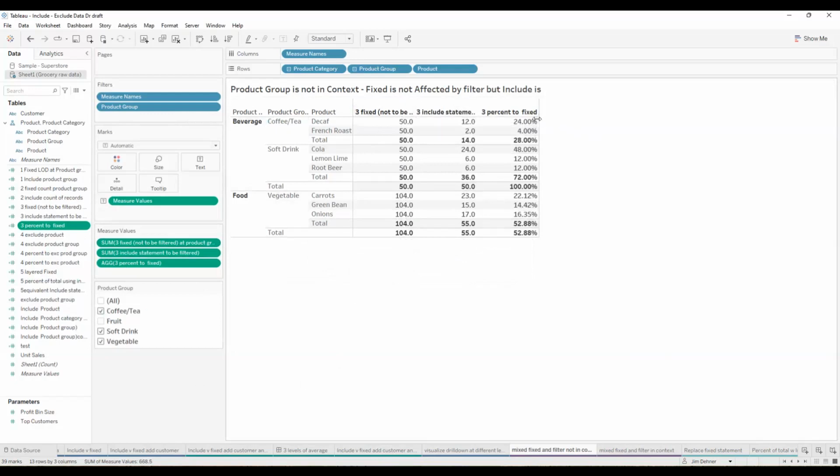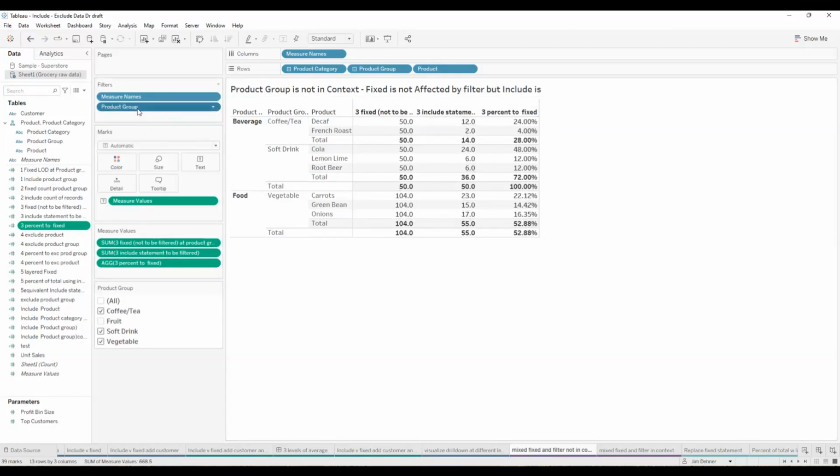Over here I'm calculating the percent of total, and it totals 100 for the beverage category, and it totals 52.8 because the filter does apply to the include statement. So here we've been able to apply a filter on this product category, and in some cases the filter is included in the calculation, and in other cases it's not, because this is a fixed LOD and this is an include statement.